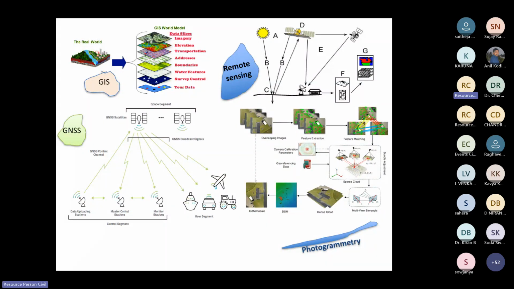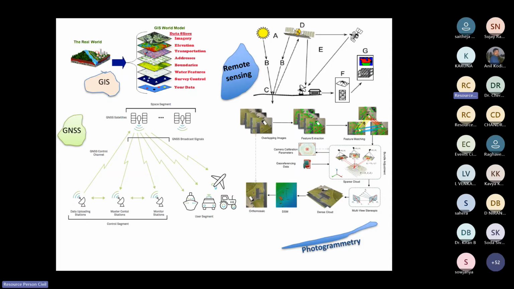Sir, user segment. So we have three types of this thing. One is airplane. They are also using it, because they travel from one location to another with the help of this path only. Ships are the same thing. And this vehicle is the best example of Google Earth.